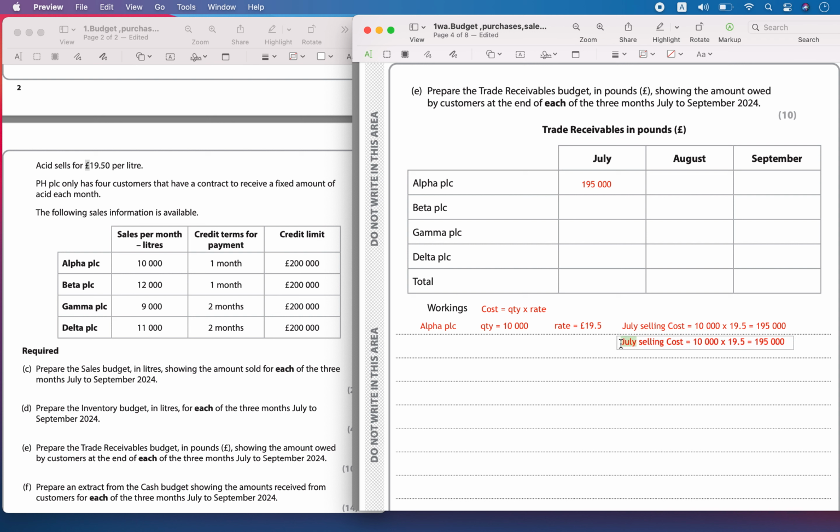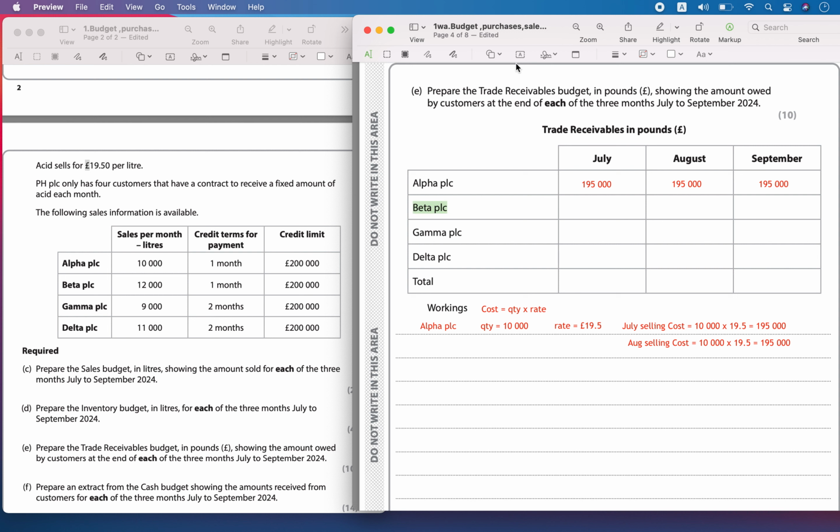What will be the selling amount, the selling cost they need to pay? That will be equal to 195,000. But I will be able to see only 1 month credit, and it is below 200,000, so I'll be seeing the same amount in my books. The rest they have to settle. Then for September also it will remain the same.